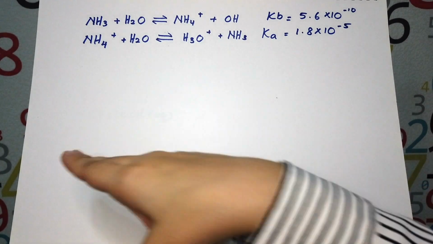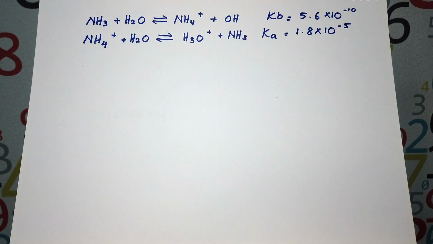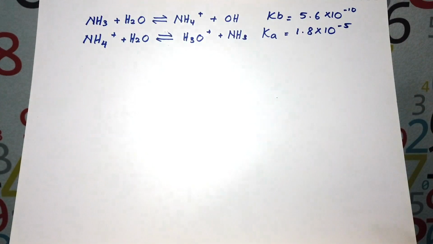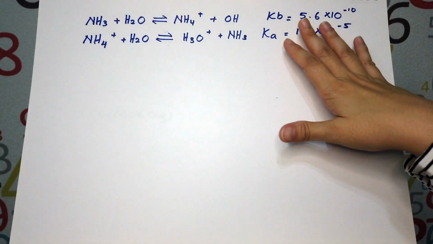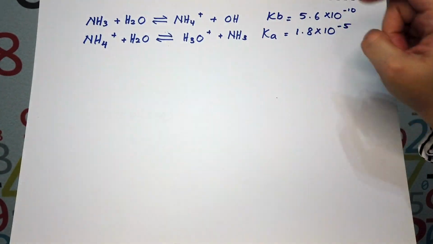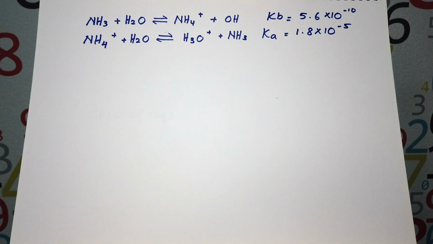If you start with NH4 plus, definitely you will create NH3. So what is the correlation between this Ka and Kb? Both of these are not a strong acid or a strong base, so there will be a value of Ka and Kb. And how can you correlate this with the value of Kw?